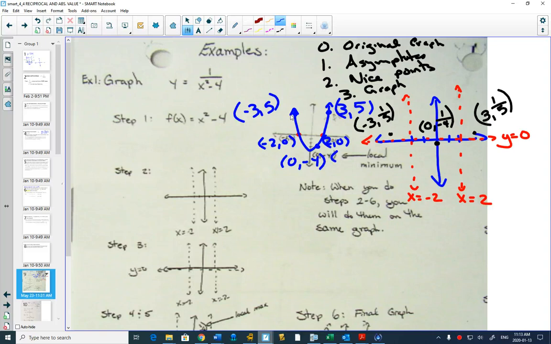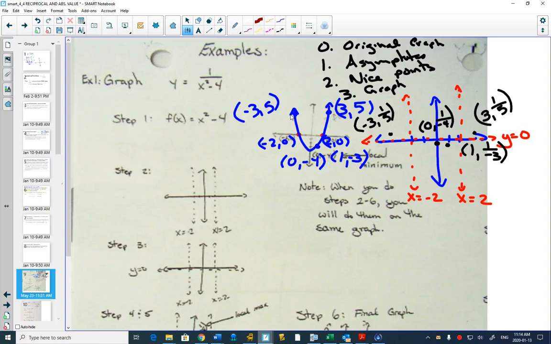Could we put another point on here? Sure. We could have the point (1, -3). What happens to that point? (1, 1 over -3). So whatever points are on our original graph, on our reciprocal graph, they just become 1 over that y value.